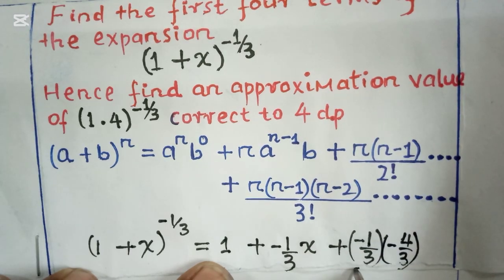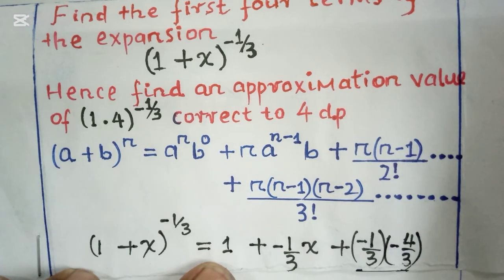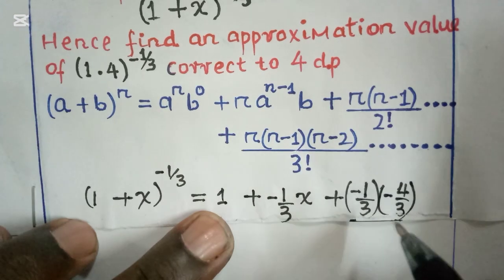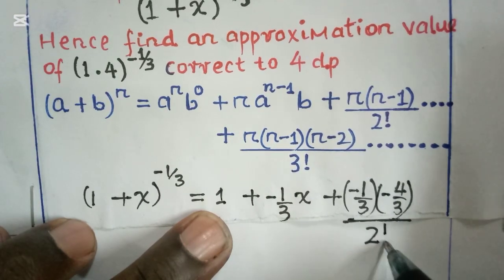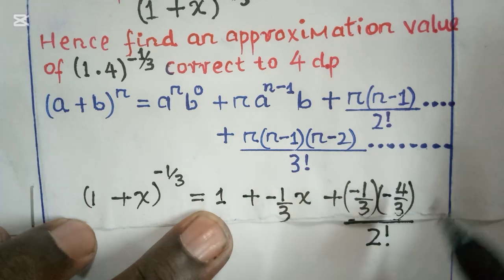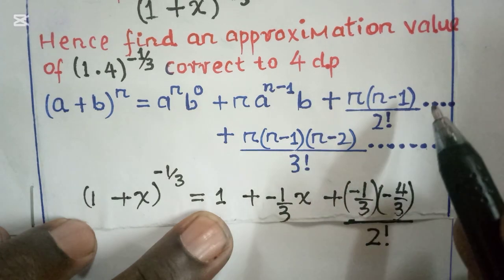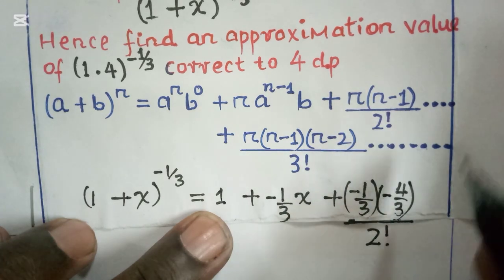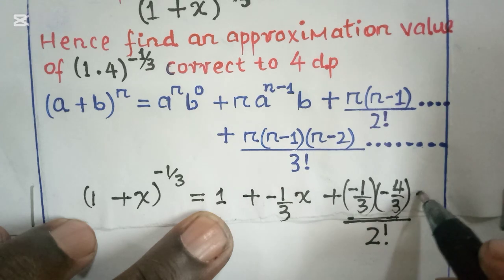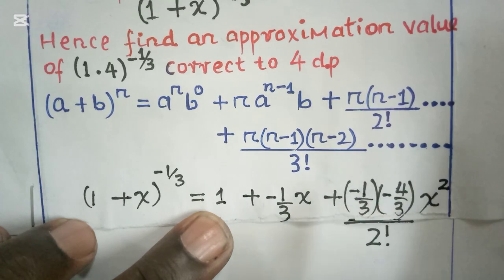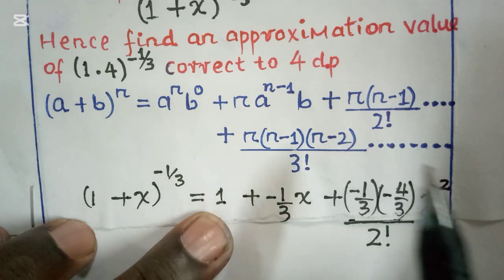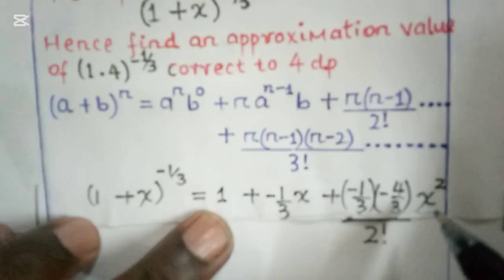This one is all over 2 factorial. So this one is divided by 2 factorial. And then from there we are now going to write x. This x is now going to be raised to 2, like that. Because we have said that for a, it will still remain 1.